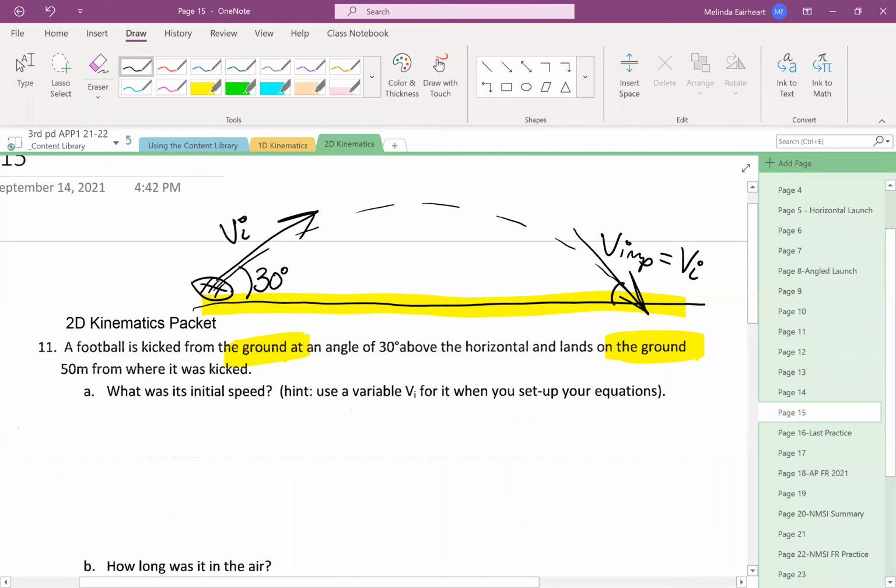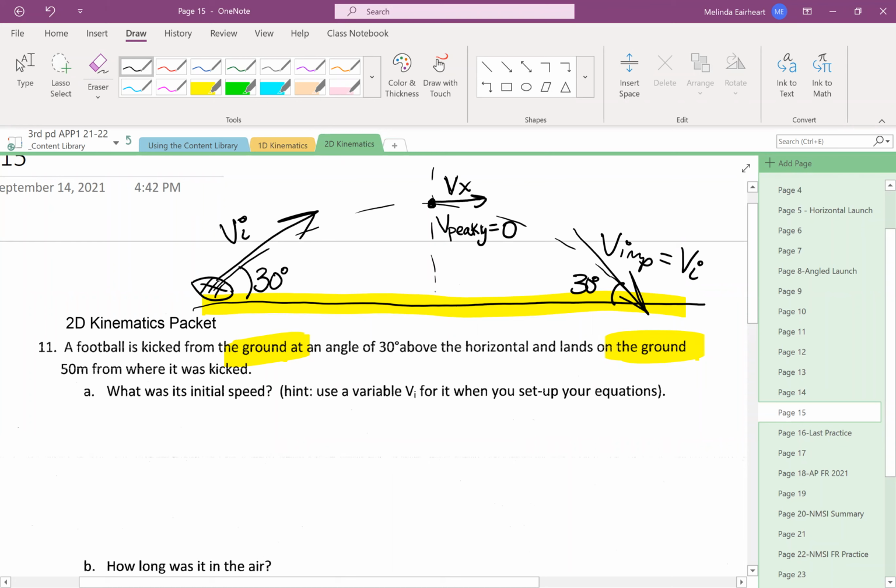What angle does it land with the ground? 30. So that symmetry helps tell us things, right? Some other things that it tells us, if we look at the peak where it's only moving in the horizontal, remember the V peak in the vertical is 0, right?